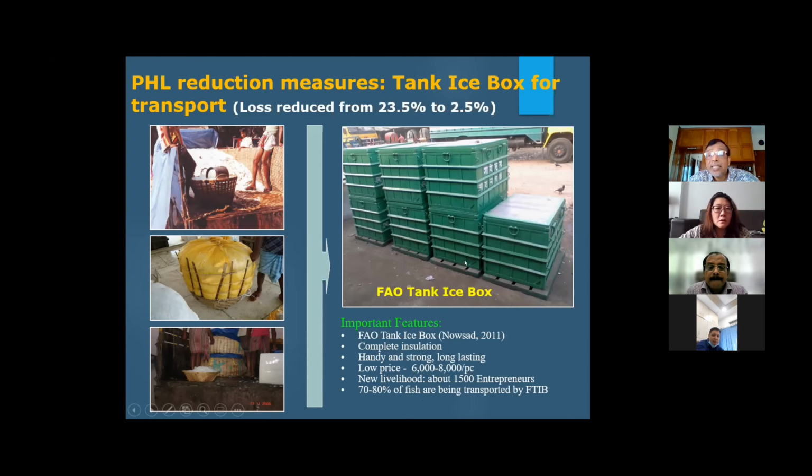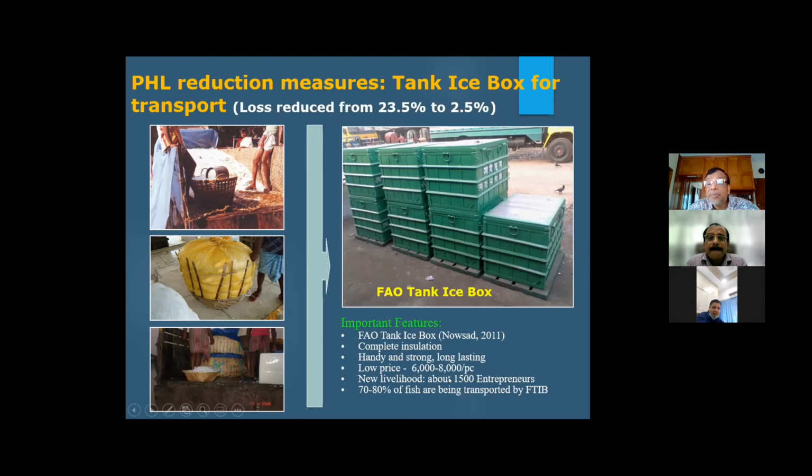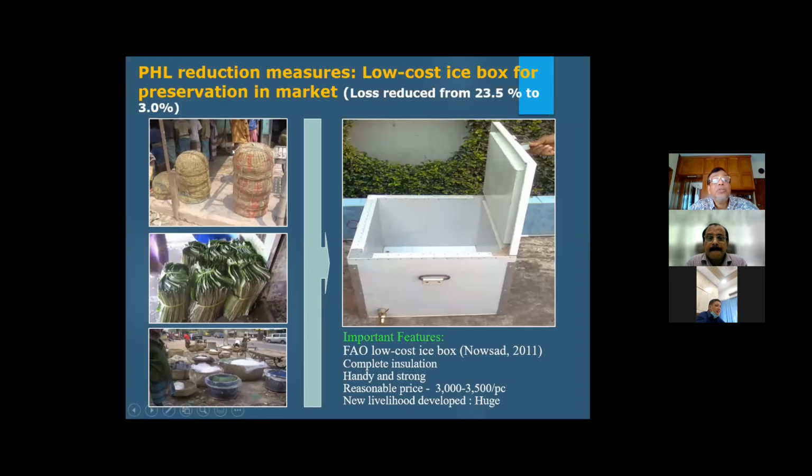Interestingly, a new livelihood for constructing these has developed throughout Bangladesh. About 1,500 new entrepreneurs have developed, who thrive on producing and selling this tank icebox. And the loss reduced from 23.5% to 2.5%. We also need to change from the traditional system to this other box, also developed by the FAO ECFC project.